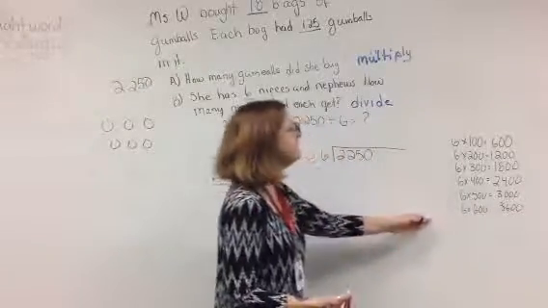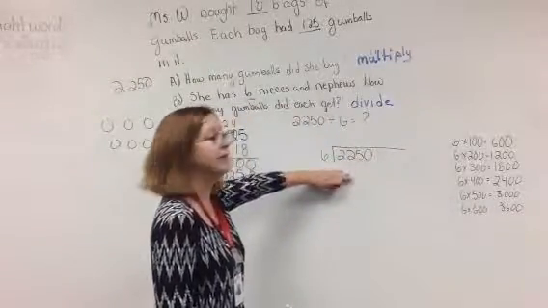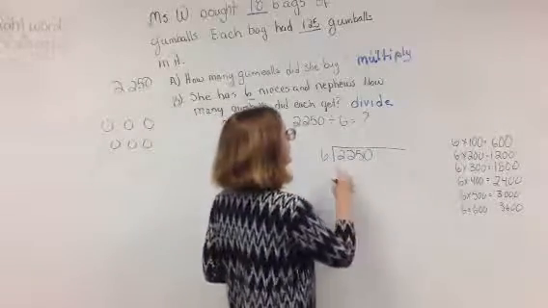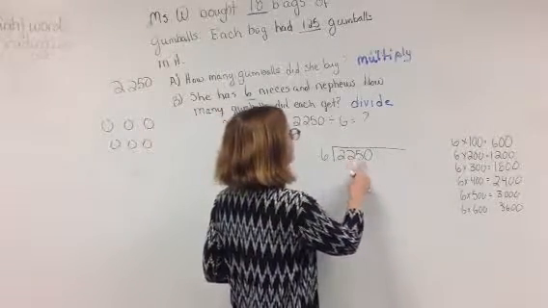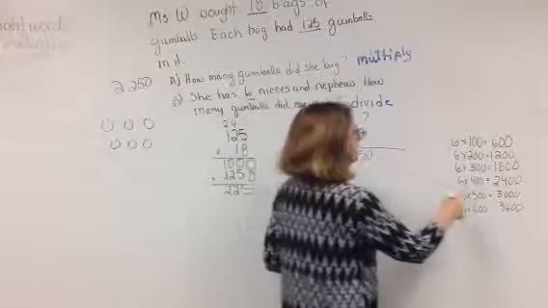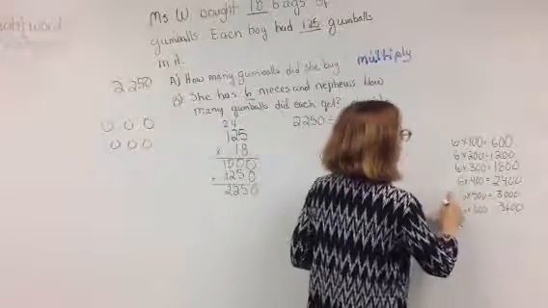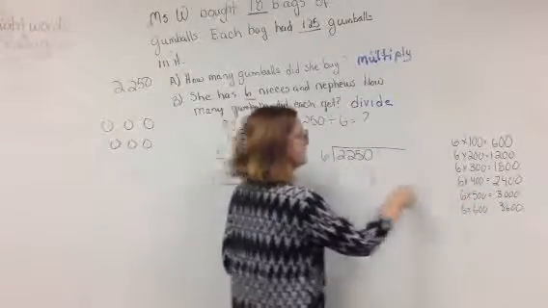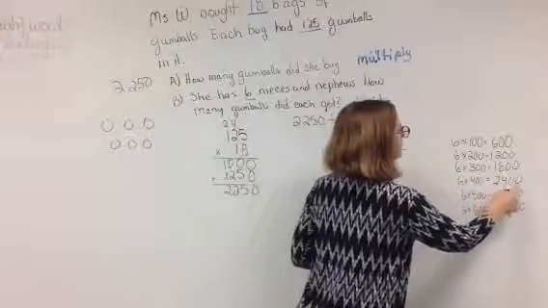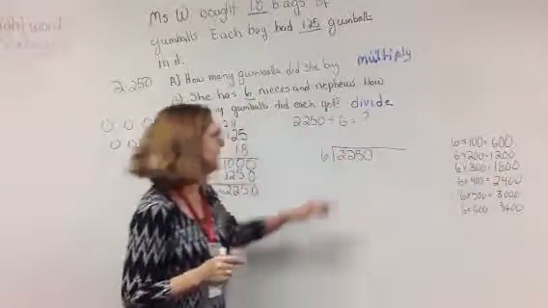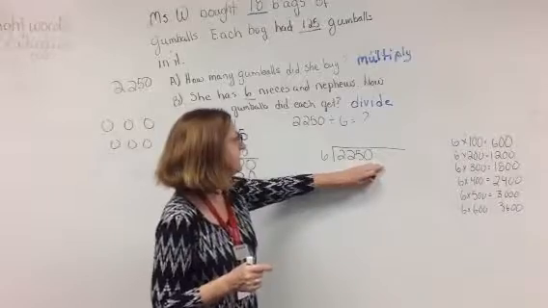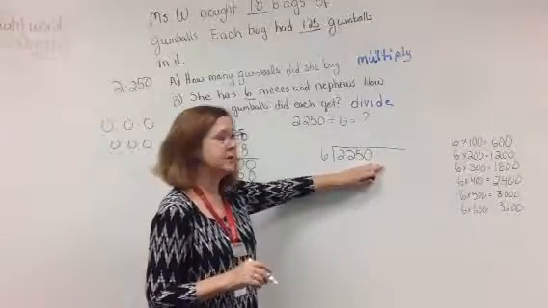Now I'm going to stop here to see if I've gone far enough. So I know that 2,250, that this number, 3,000, is too big. This number, 2,400, is less than... 2,250. So it's the closest without going over.